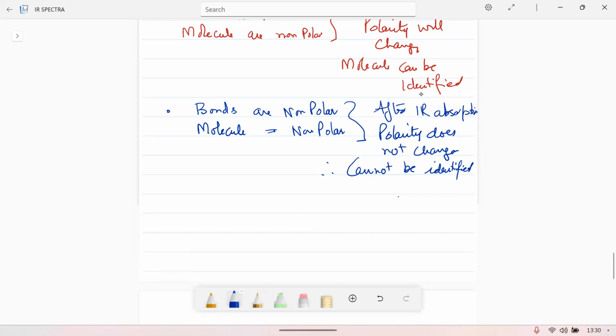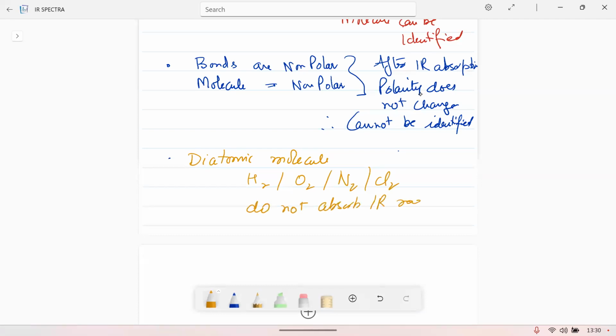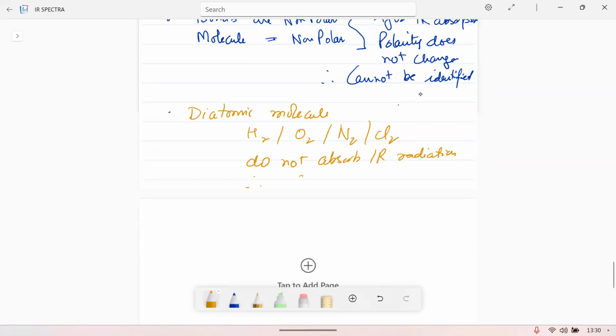Symmetrical diatomic molecules like hydrogen, oxygen, nitrogen, chlorine do not absorb IR radiation. Basically, that means the polarity does not change, therefore they cannot be identified.